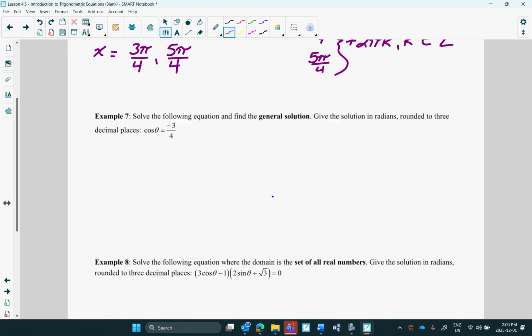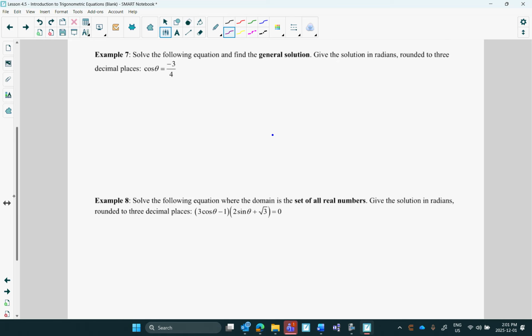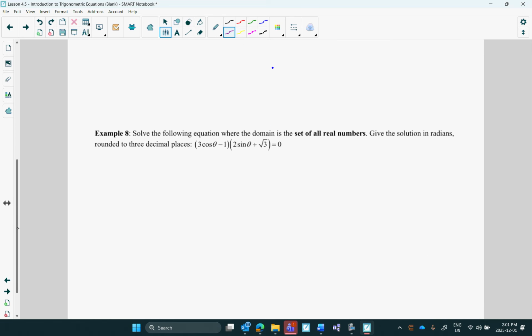You know what? I'm not going to worry about example 7. We can do example 8. It's pretty much got the same kind of stuff in it. Notice this one, and sometimes this may happen. It's been factored for you.